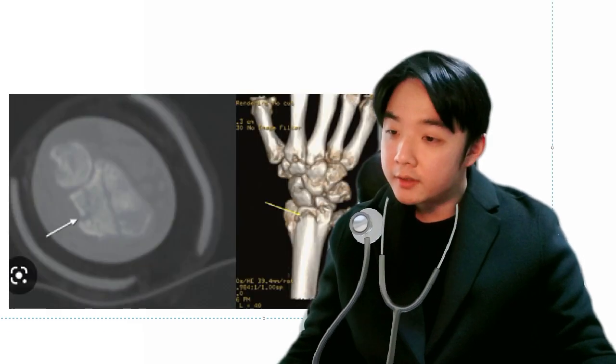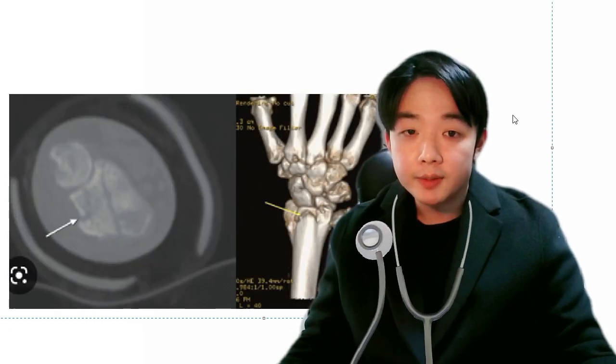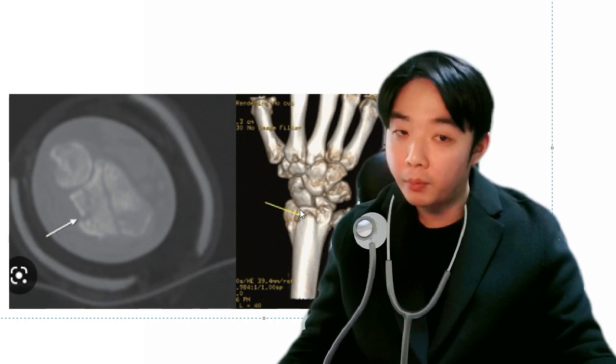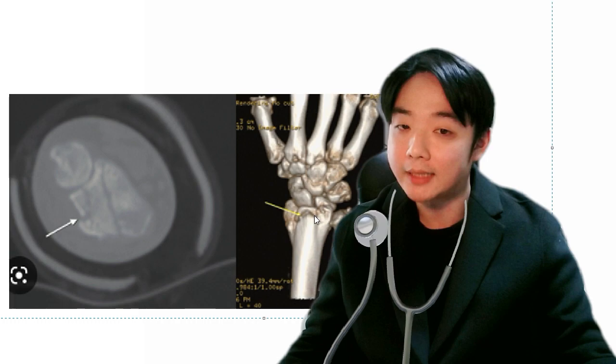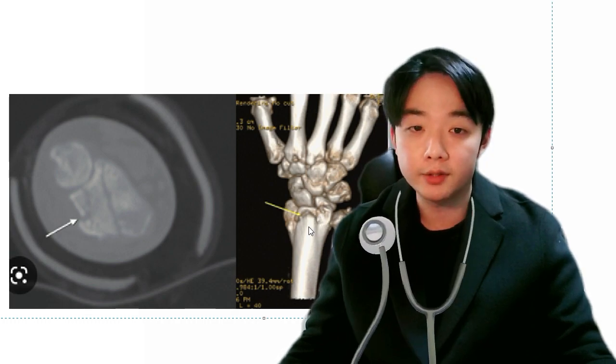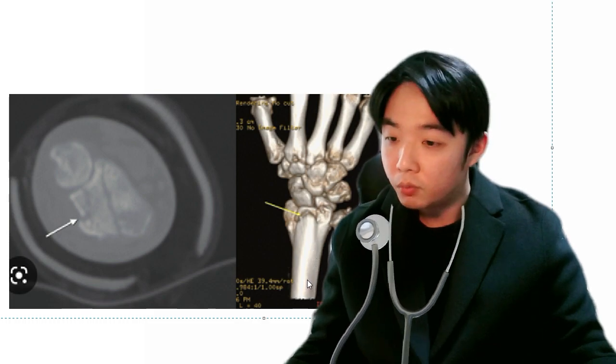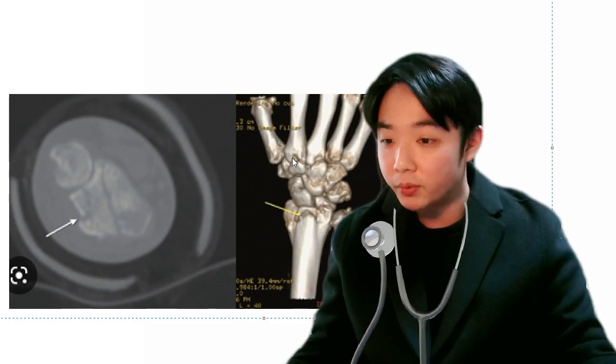Lister's tuberosity is a protruding bone spur on the slightly lateral side of the central part of the radius end. The extensor pollicis longus muscle runs just next to it.